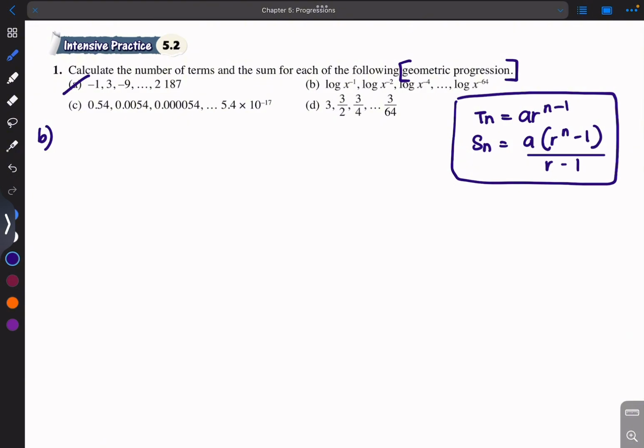Okay, so we do the same thing. We identify what is a, what is r. So a is quite clear, it's just this. Log x negative 1. r will be T2 divided by T1. So we can say log x negative 2 over log x power negative 1.